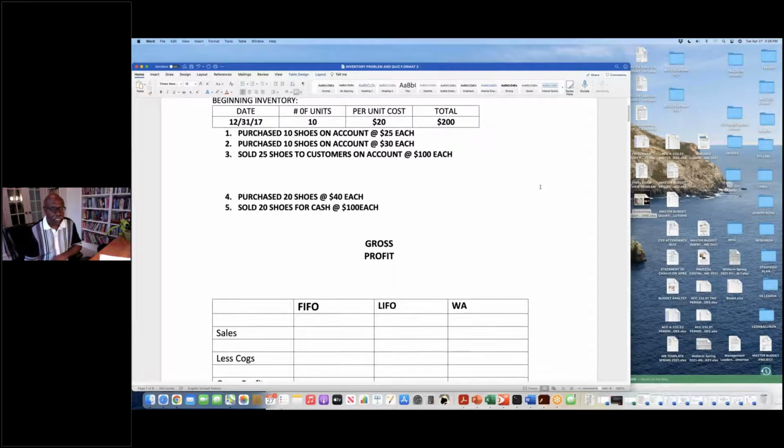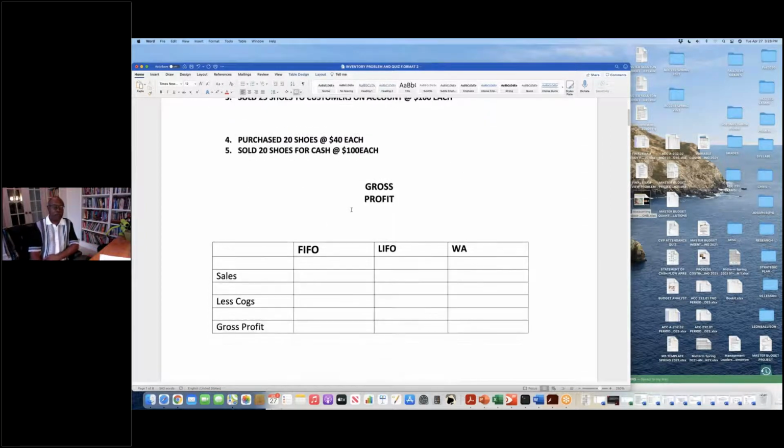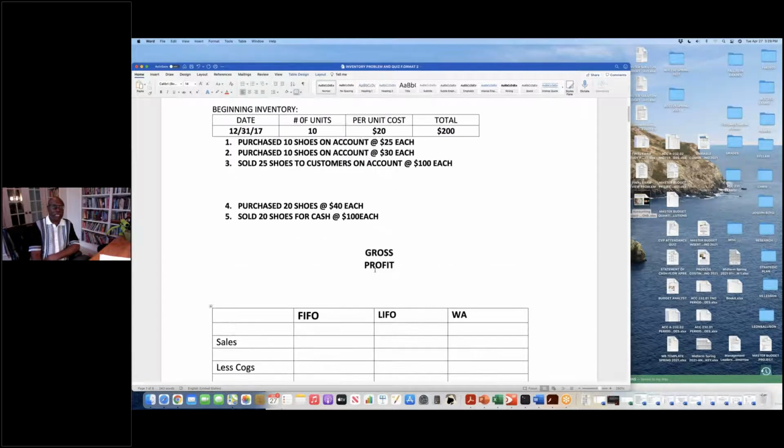Okay, for my C students, what's my gross profit on the FIFO? So just the C students. Well, let's see how we will calculate it.